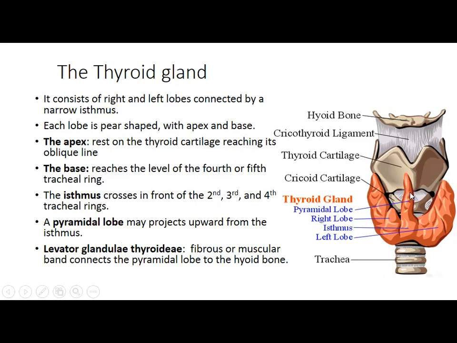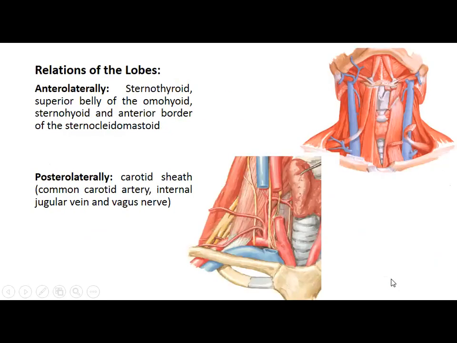This is very important clinically to see whether any mass in the neck is from the thyroid or not. For that, ask the patient to swallow, and the hyoid bone moves. If the mass also moves, then the mass is from the thyroid gland. If not, it might be from some other structure.